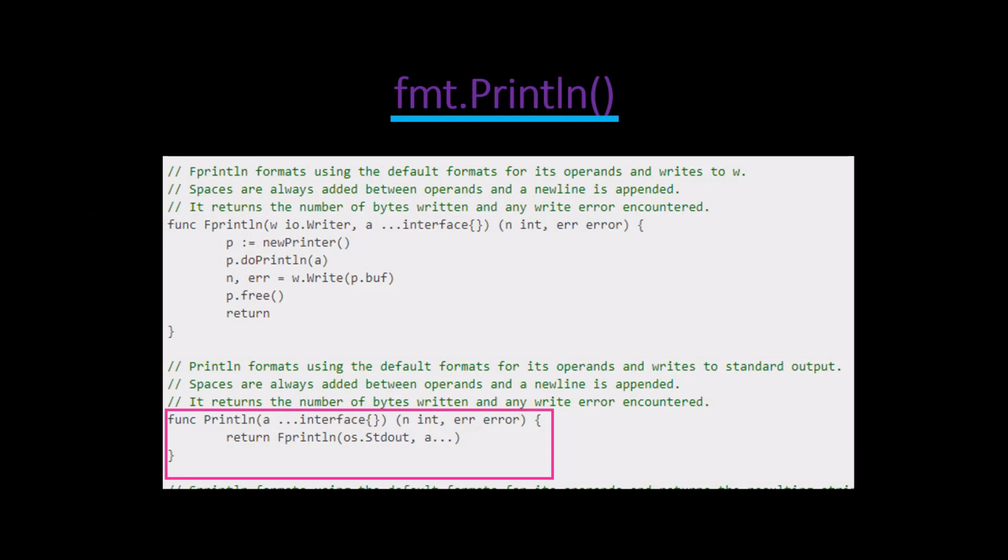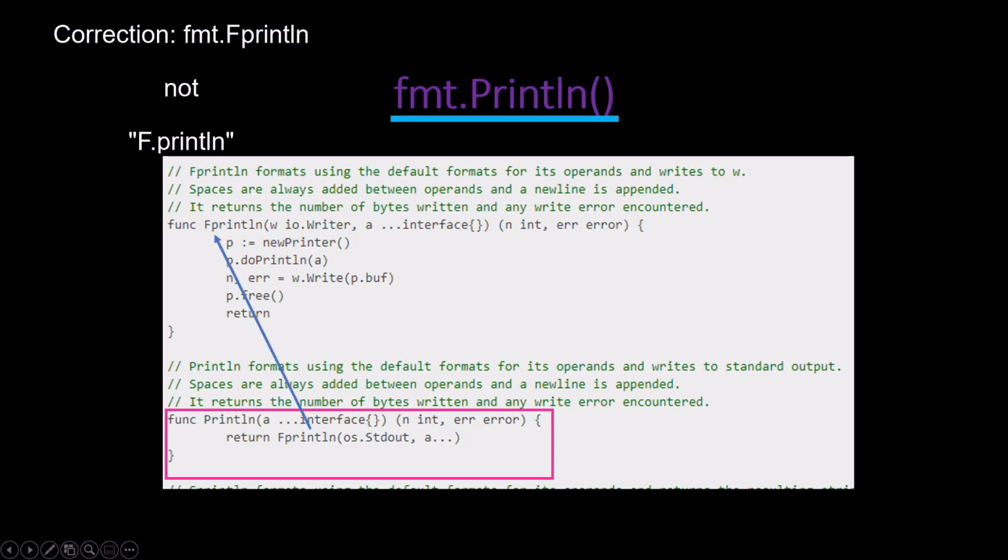So one function that we've seen a lot is this fmt.Println function. And at the bottom here, I've actually got the documentation from the Golang website of the Println function. And we can see here that whenever you call this function, it actually returns the output of another function, Fprintln.